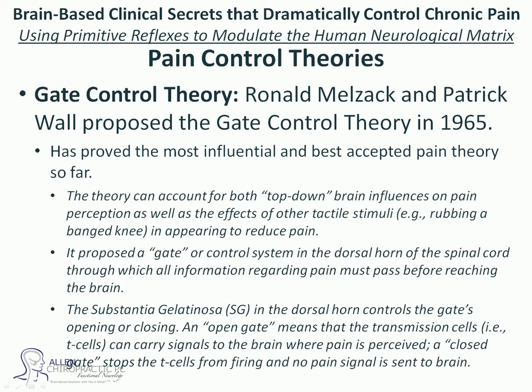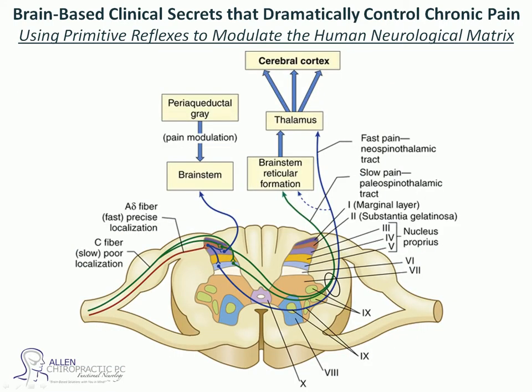They talk in the gate theory about the substantia gelatinosa of the dorsal horn and how that opens and closes the transmission of pain signals so they can rise to conscious levels.